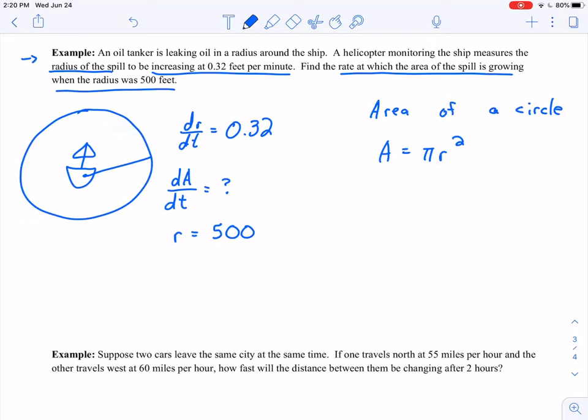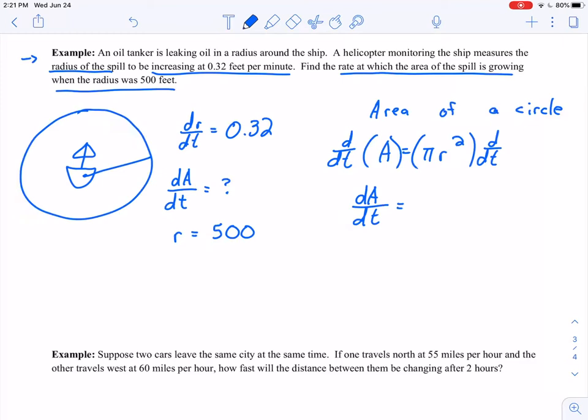Let's go ahead and take the derivative of it. So I'm going to take the derivative of both sides with respect to t. On the left-hand side, the derivative of A with respect to t is just 1 times dA/dt for my chain rule. Can't forget about that. Equals, over here, be careful. Some of us might look at that pi and think that we need to use a product rule, but remember that pi is just a constant multiple.